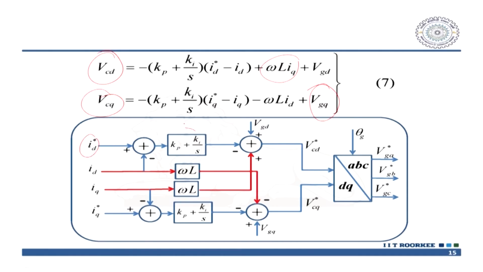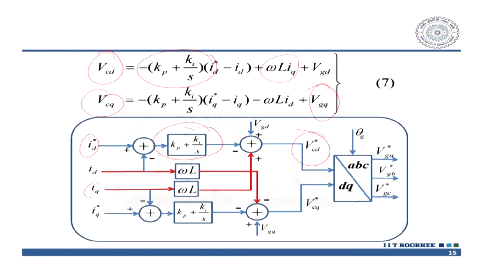Thereafter you feed it to this PI controller, and ultimately you have to combine this term with Vgd, and essentially what you get is the reference component of the converter voltage in the d axis.